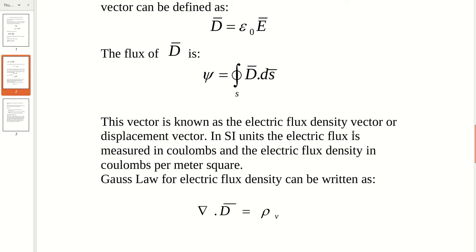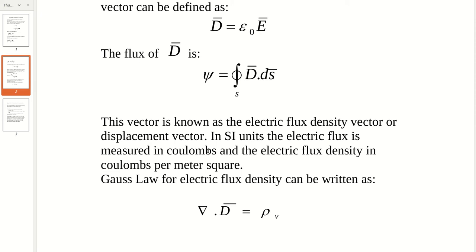The unit of electric flux density is coulombs per meter square, C over M square, and the electric flux is in coulombs, because the electric flux is the charge contained in this surface. So it is equal to the charge.